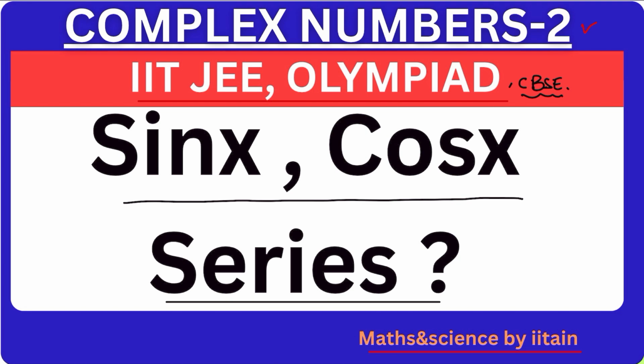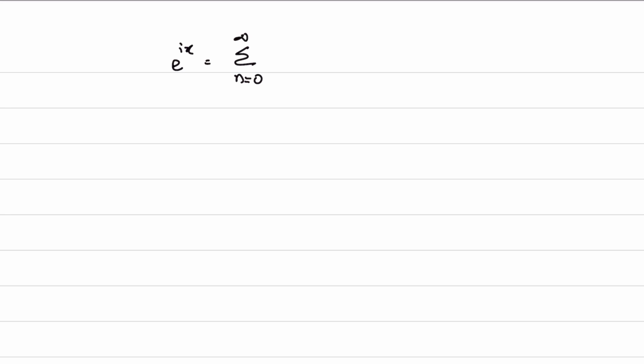Let's go further. In the last lecture, what we have learned is that e to the power of ix is equal to the summation from n equal to 0 to infinity of (ix) to the power of n by factorial n.